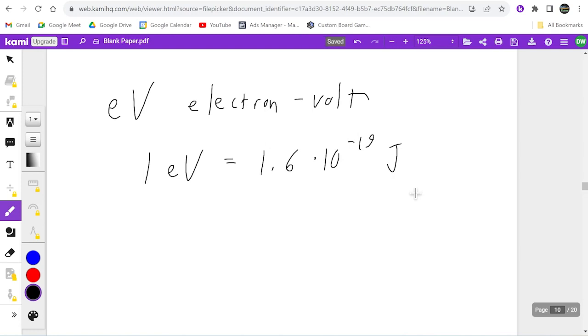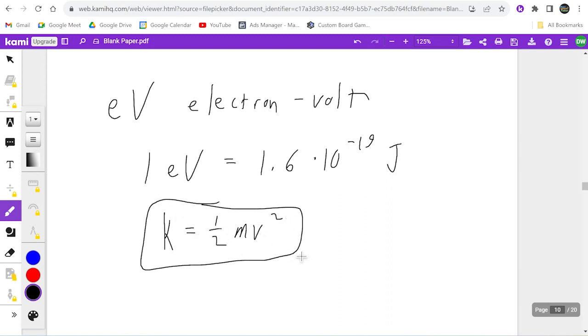Oh yeah, that's the charge of a proton and an electron. So in other words, an electron volt is kind of like the energy for a proton. You can basically think of it like that. And don't forget, kinetic energy equals 1/2 mv squared. I wouldn't be surprised if it shows up on this test. It showed up in a bunch of homework problems.